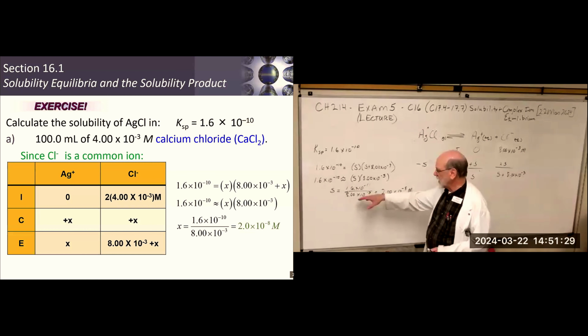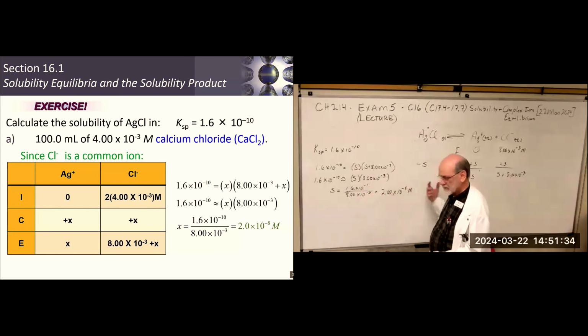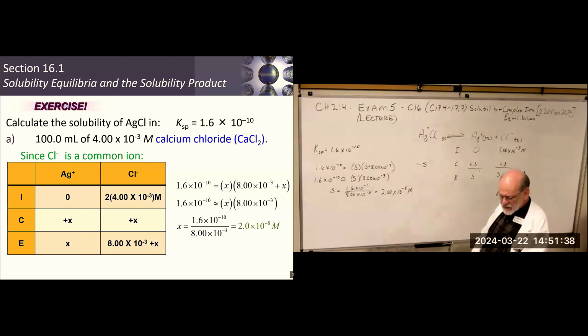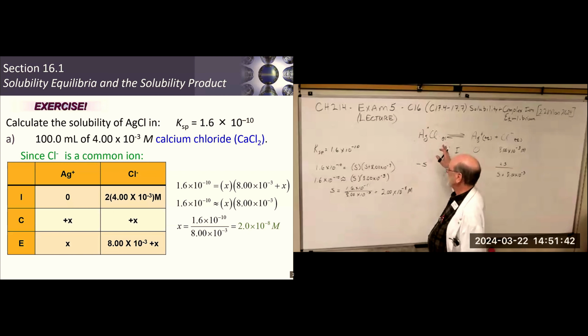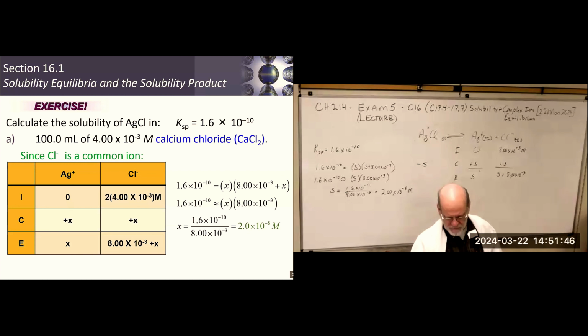You can either do it that way if you want to do it in your head, or you can plug in those values in your calculator and it spits out the answer. So how does that compare to the solubility of silver chloride in water? It was 10 to the minus 5th before, wasn't it? Let's see, 1.6, square root. Yeah, 1.3 times 10 to the minus 5.